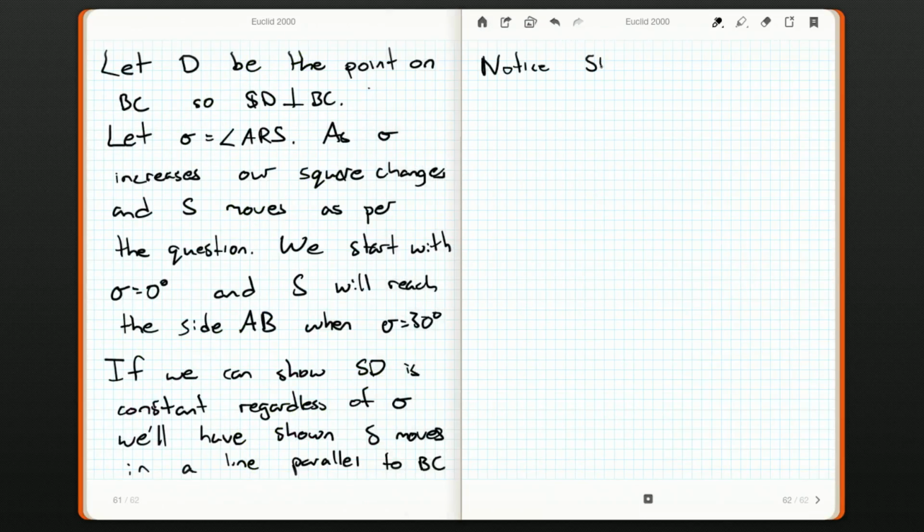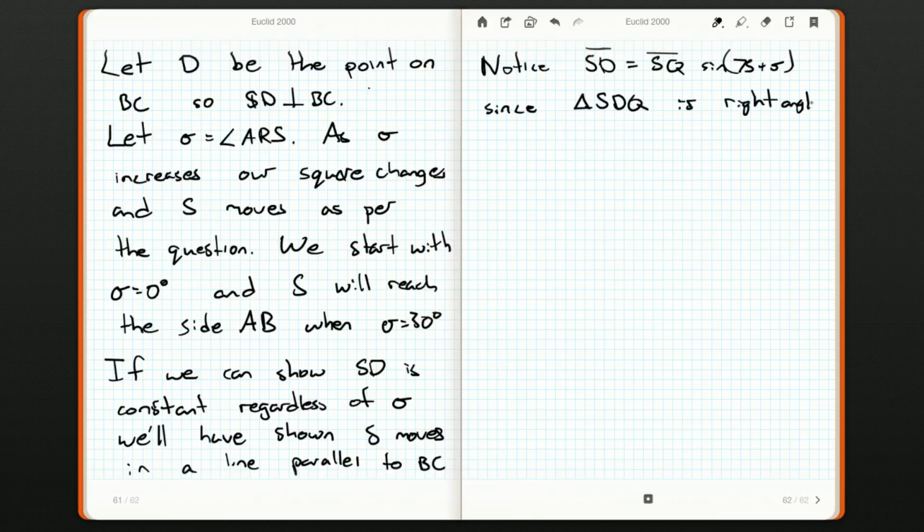So let's notice that SD, we're just writing what we had before. SD is SQ sine 75 plus sigma, since triangle SDQ is right angled. Okay.